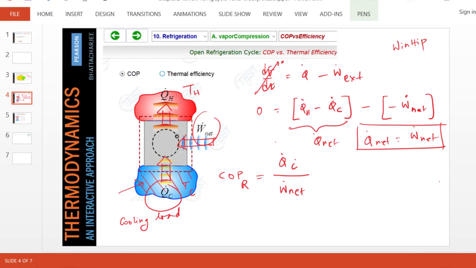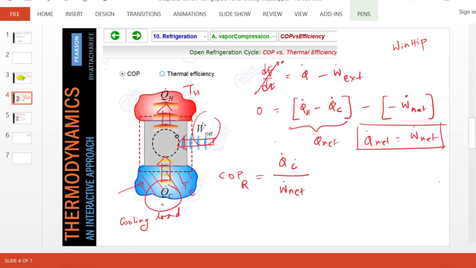Those contribute to the cooling load. To keep that room cold, heat has to be taken out. So Q dot c is why it's called the cooling load. Essentially, if this much heat is transferred into the system, we have to remove that much to keep this little blue space at steady state.